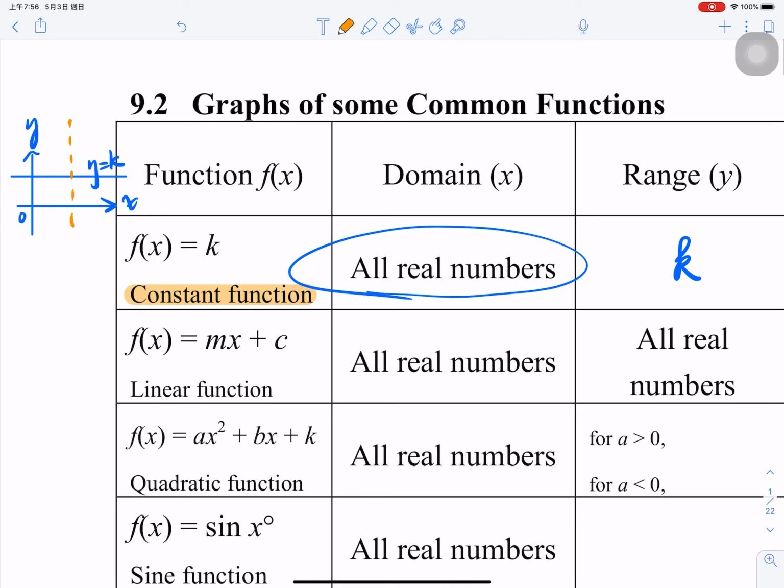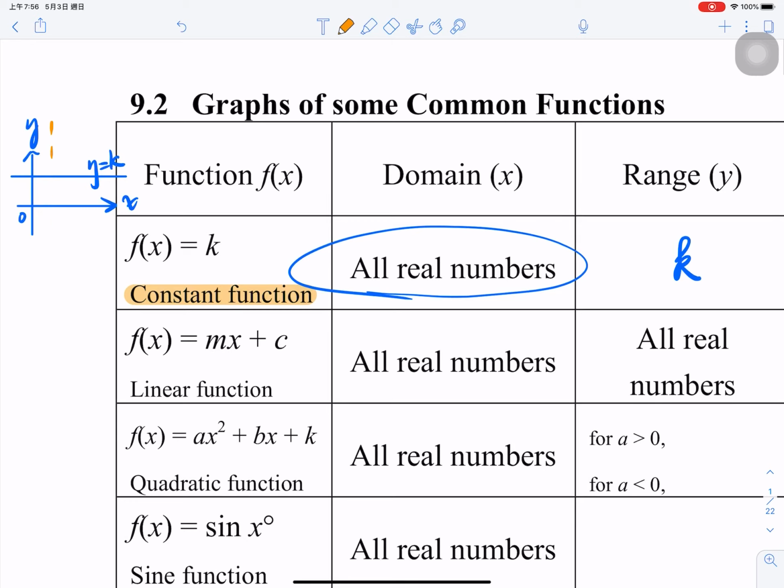I draw a vertical line here, then you see that this is symmetric, left hand side and right hand side. For example, if I draw like this, it also has the property of symmetry, right? Left hand side equals right hand side.